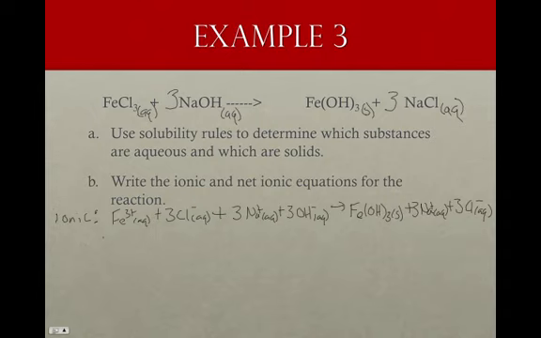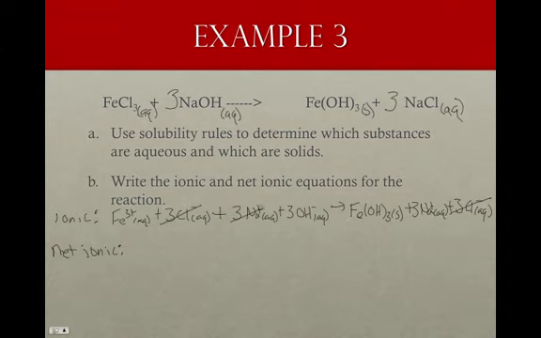And now we're going to write our net ionic. And remember, for our net ionic we remove those spectator ions, so things that are appearing the same on both the product and reactant side. So I see 3 Cl- over here, and I see 3 Cl- over here, so I'm not including them.